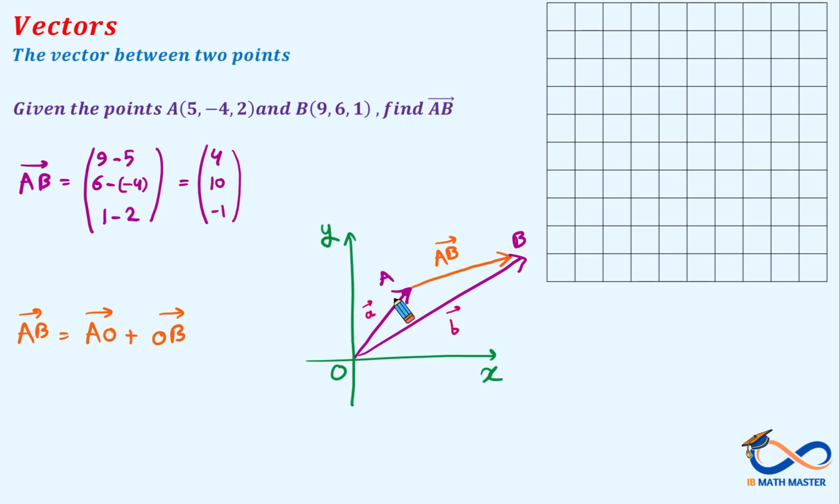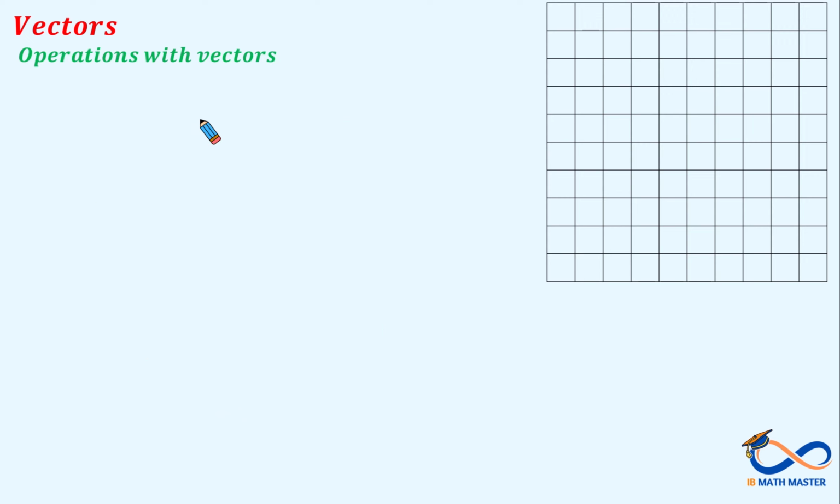So when we go in the opposite direction from A to the origin, it will be the opposite of A. That's why we will write it like negative A. Then when we go from O to B, it will be positive B because it's in the same direction. And this negative A plus B can be rewritten like this, B first minus A. So that's why, when we do it like this, we do B minus A.